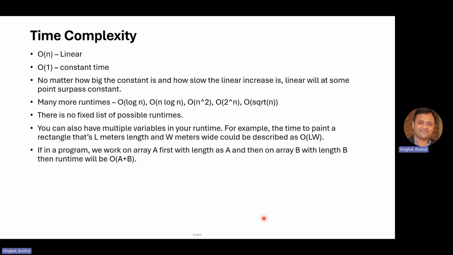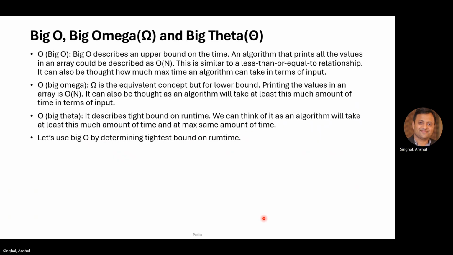We also noticed that there is no fixed list of possible runtimes. It depends on the logic of the code, and on how the runtime is represented in terms of the input.